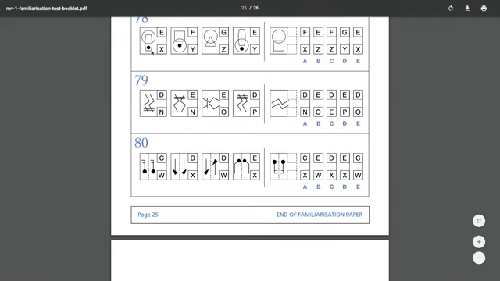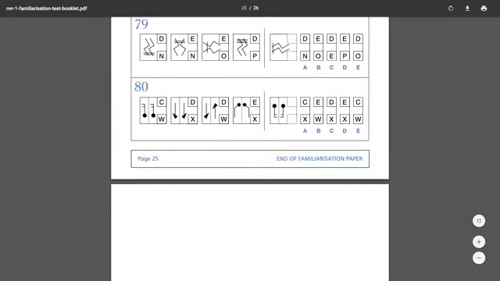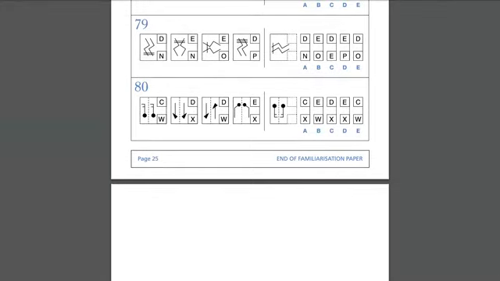It has a circle going this way. What about 79? 79 is, yeah, it's E. Good. And the last one, 80? Try doing 80. 80 is, yeah, it's T.